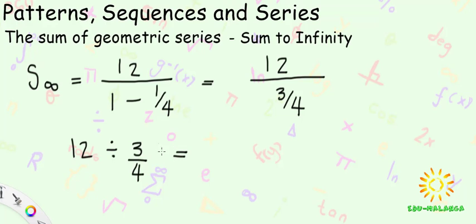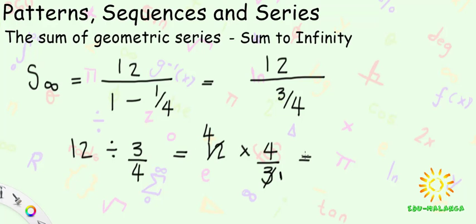That will equal, remember when we're dividing expressions like this, we swap the numerator and the denominator, and then we change the sign to multiplication. So we will have 12 times 4 over 3. Again the 3 can cancel out, so the 3 can become 1, and we can divide the 12 by 3 as well. 12 divided by 3 equals 4.